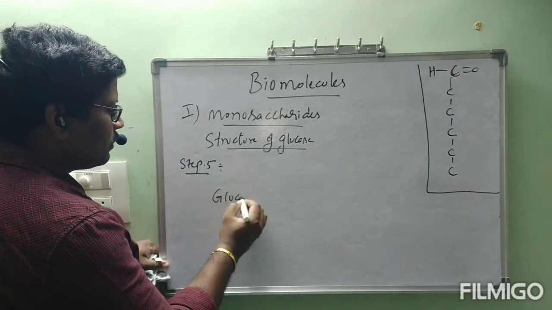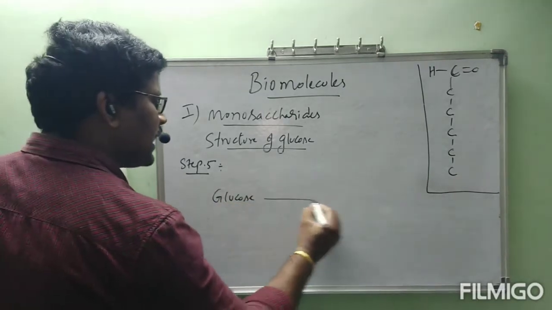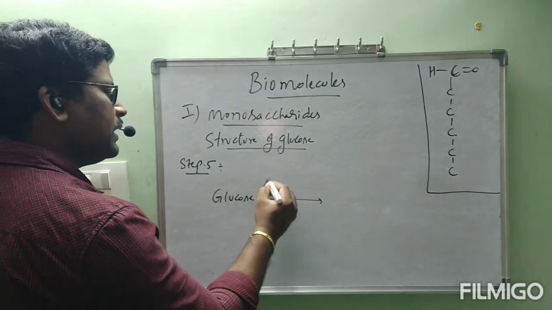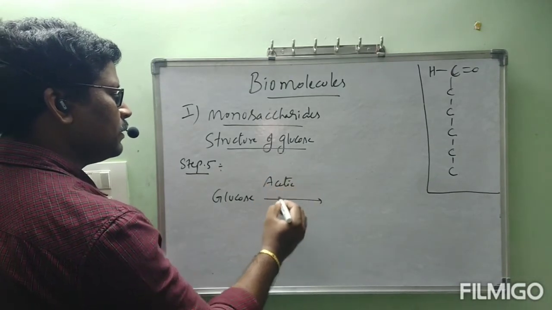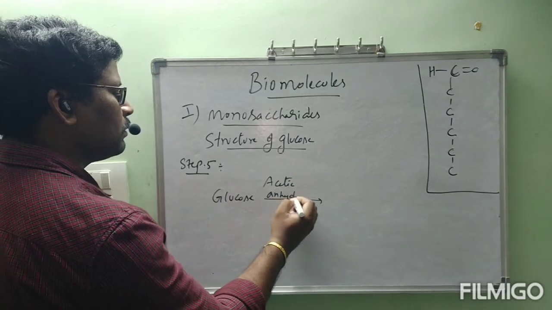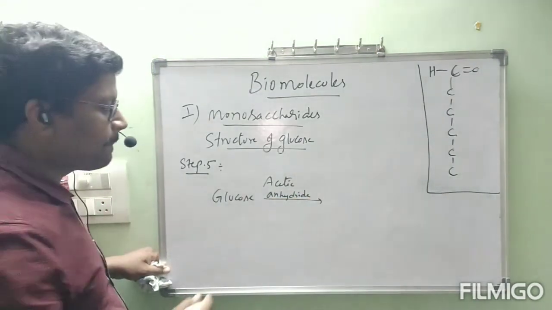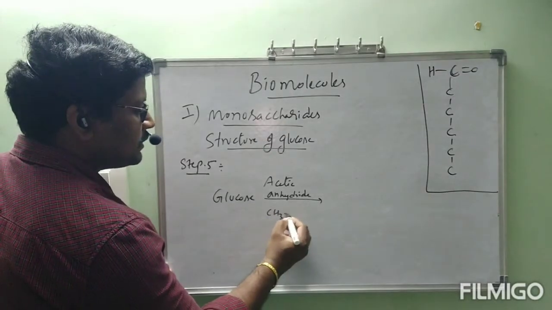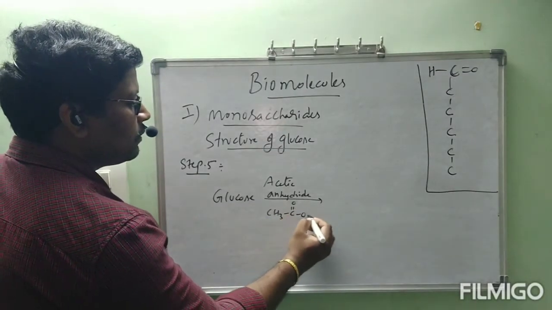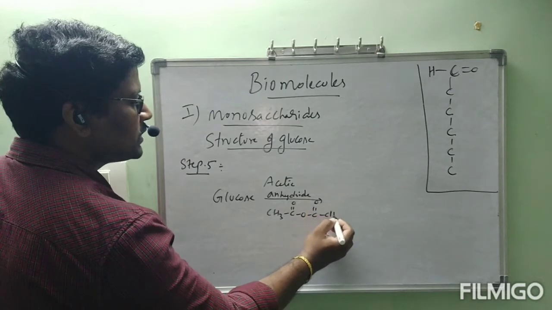Glucose reacts with acetic anhydride. Acetic anhydride, CH3 C double bond O O C double bond O CH3.